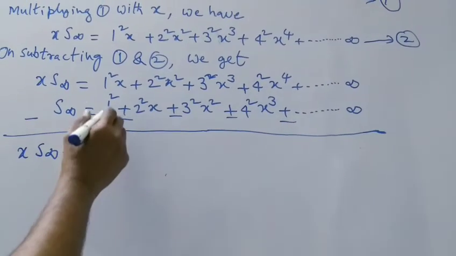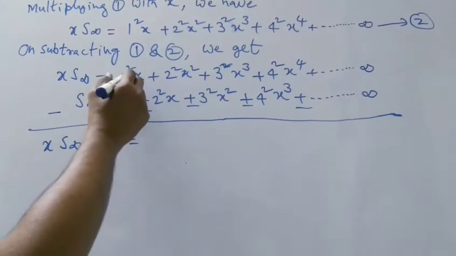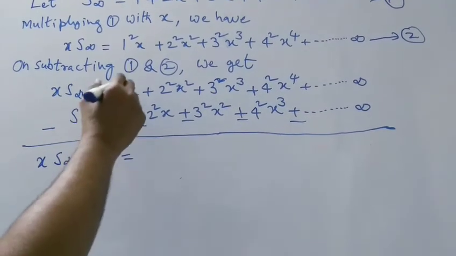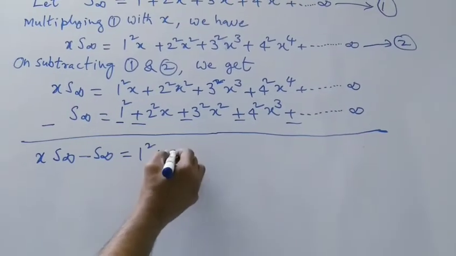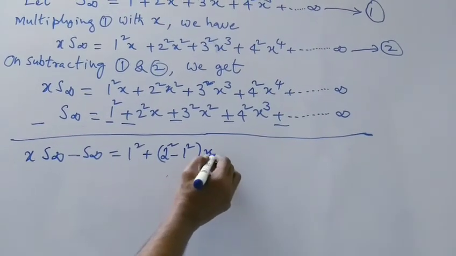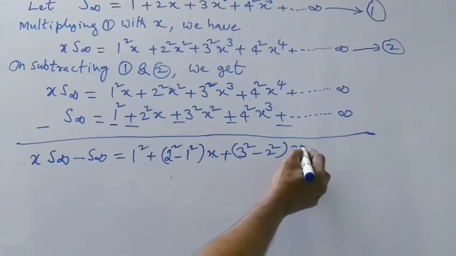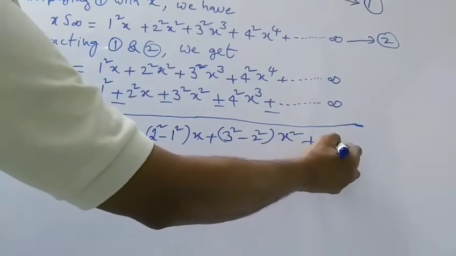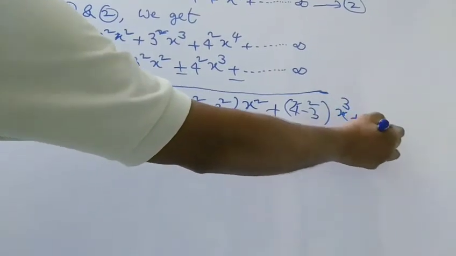So on subtracting these two for our convenience, it becomes 1 square plus (2 square minus 1 square) into x plus (3 square minus 2 square) into x square plus (4 square minus 3 square) into x cube plus and so on terms.